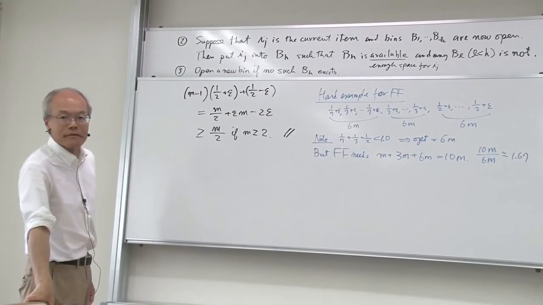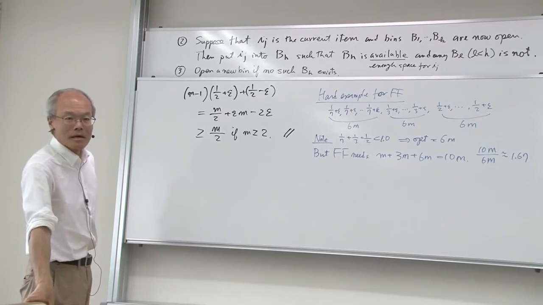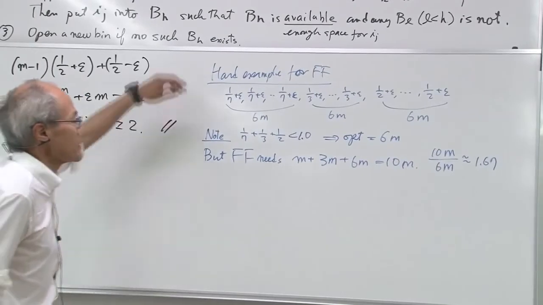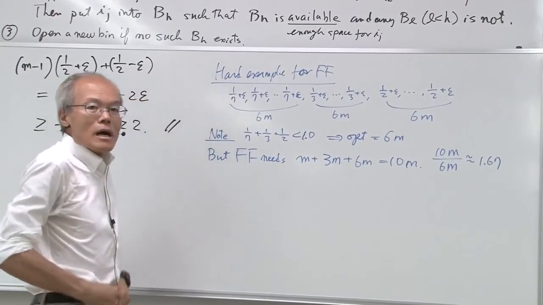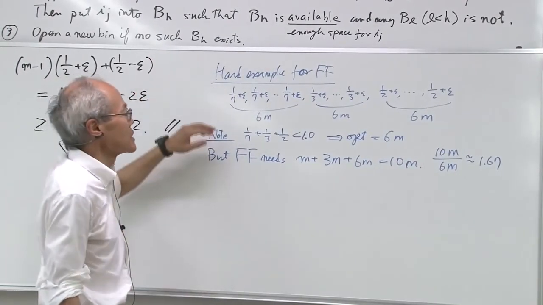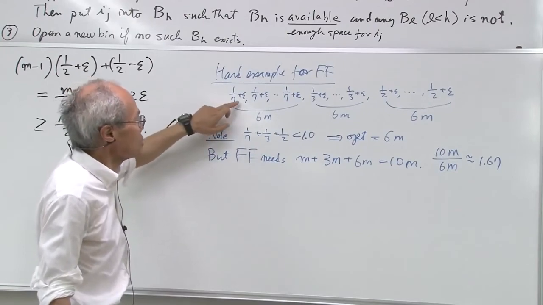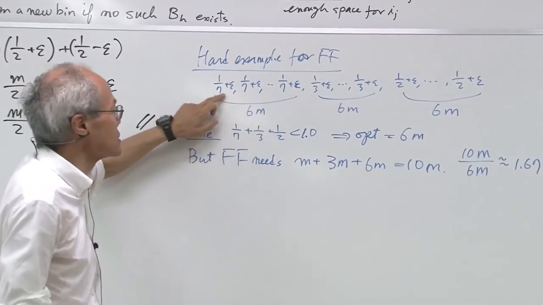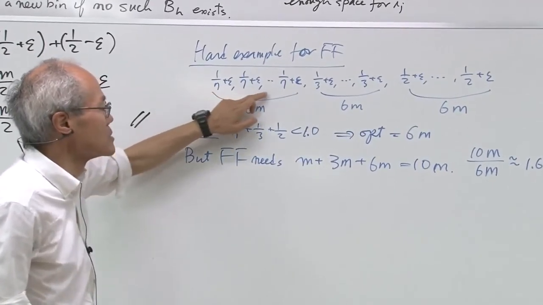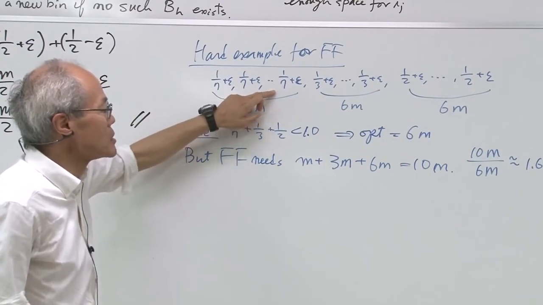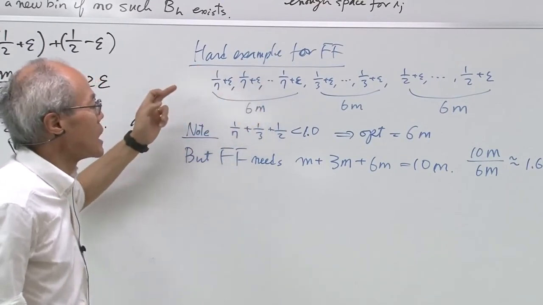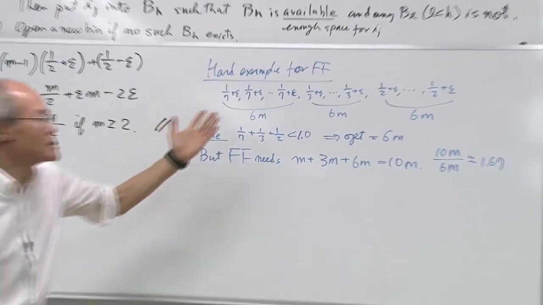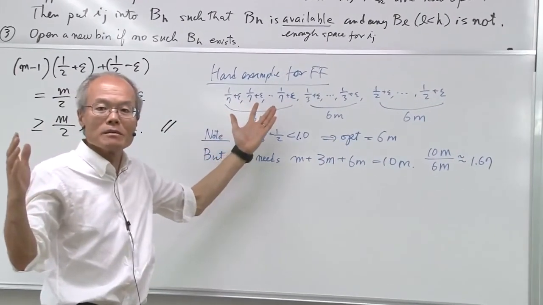What does FF look like? FF works as follows. Put these into this bin, this bin, this bin, and these into the same bins. Then we can put six items into one bin, right?